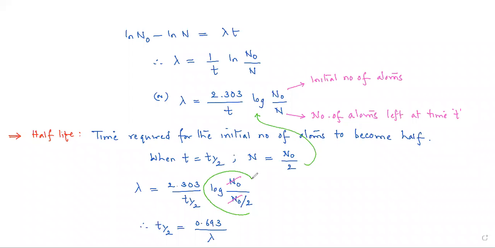Isn't it? 2.303 into 0.3010 is 0.693. So this is the expression for t half. From this, it is very clear that t half in this case is independent of initial amount taken.